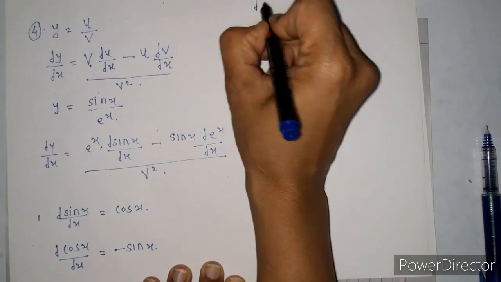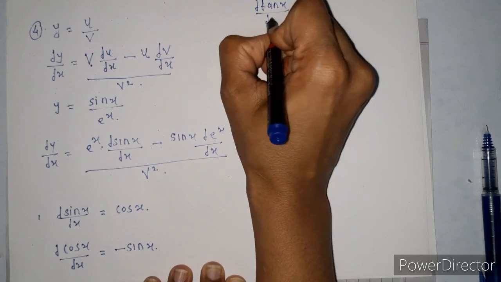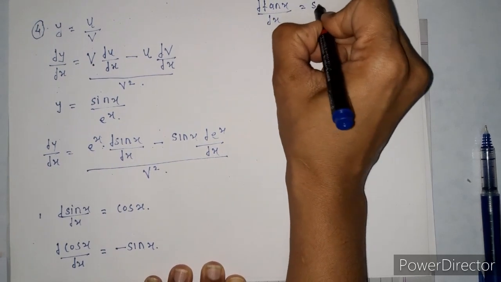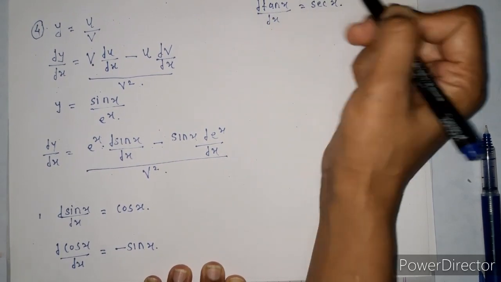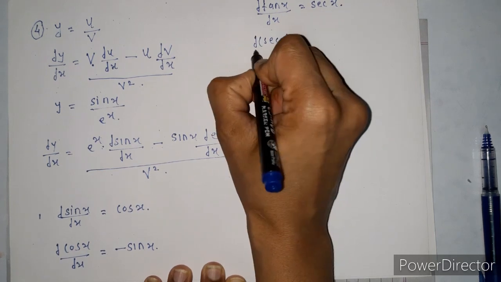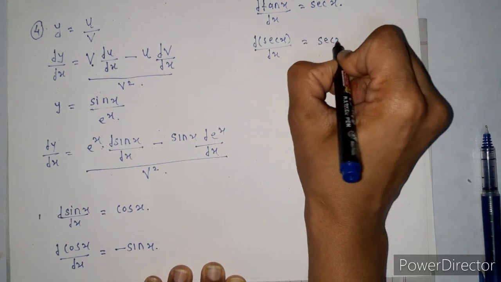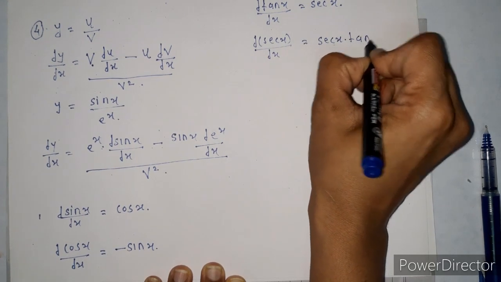Then differentiation of tan x with respect to dx equal to sec square of x. Differentiation of sec x with respect to dx equal to sec x into tan x.